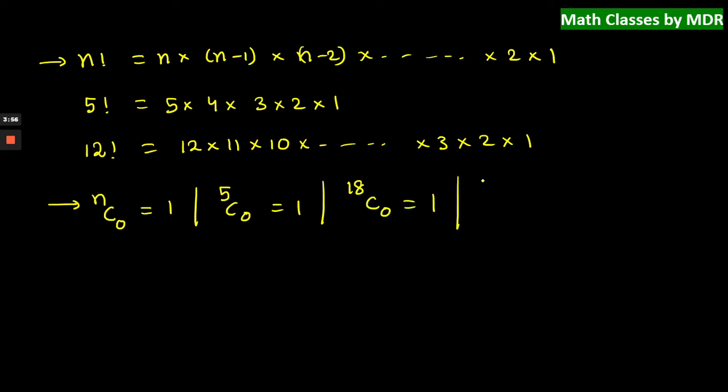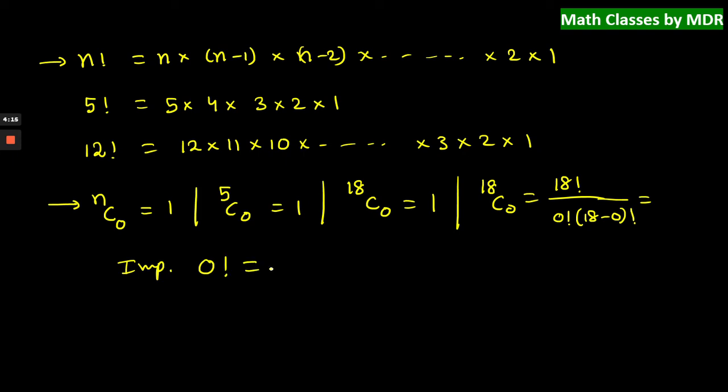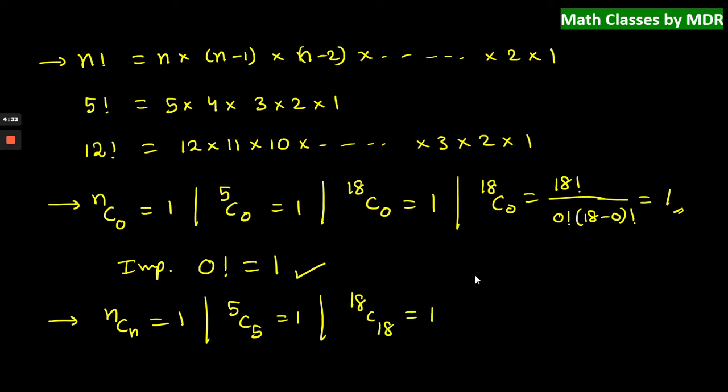Because 18C0 is 18 factorial by 0 factorial into 18 minus 0 factorial, which is 18 factorial by 18 factorial, because 0 factorial is always equal to 1. Remember this important fact. Therefore, this is equal to 1. Similarly, nCn is also equal to 1, that is 5C5 is equal to 1, or 18C18 is also equal to 1.